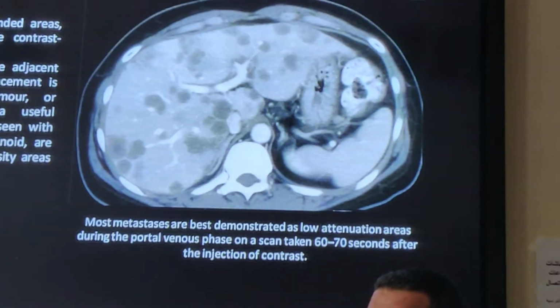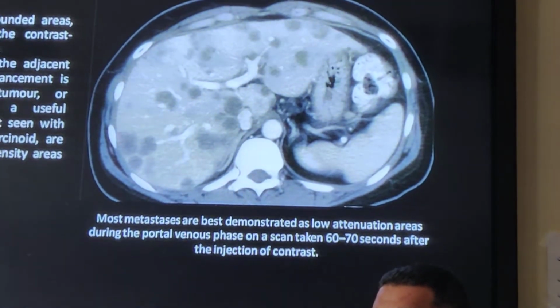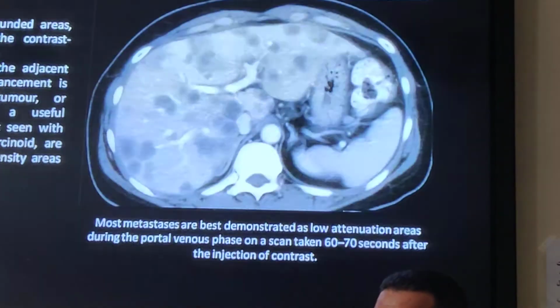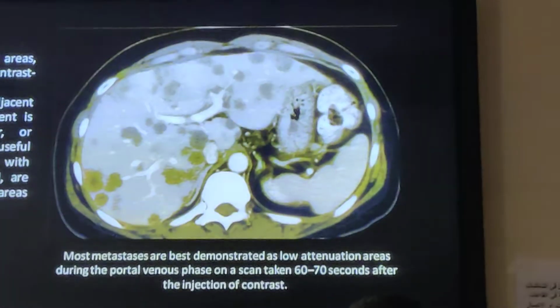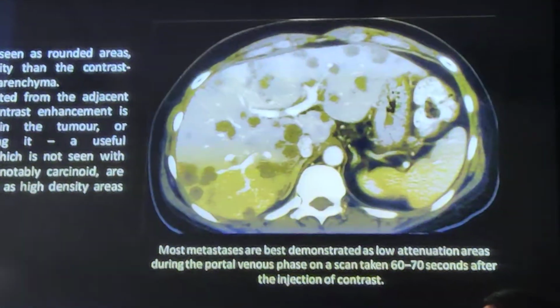This is a multiple hypodense lesion in CT, demonstrating a low attenuation area, usually enhancing with arterial phase or portal venous phase.